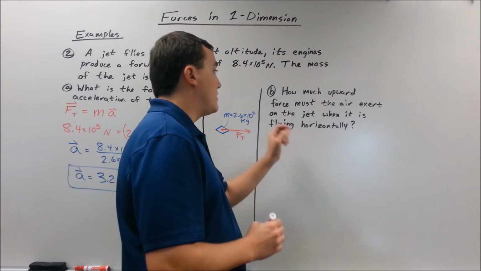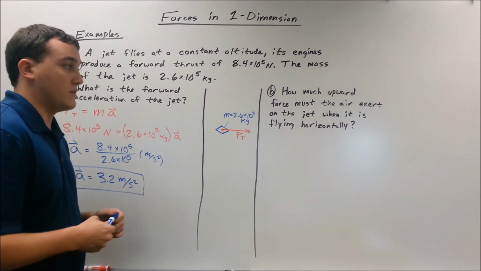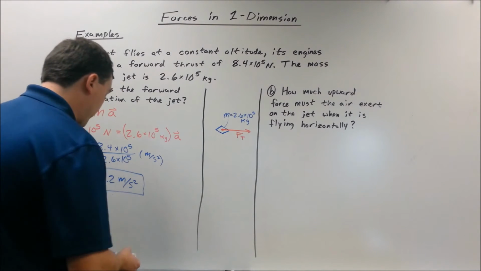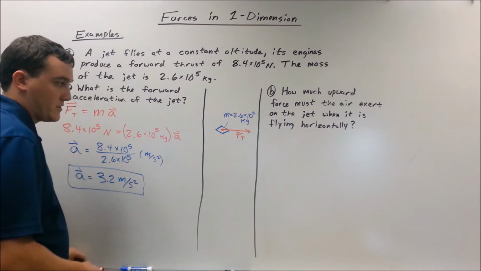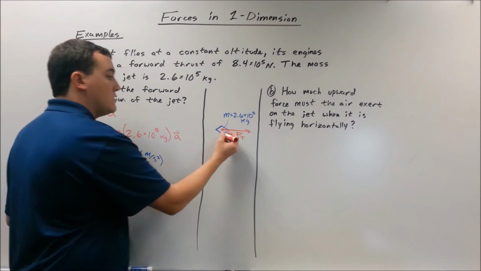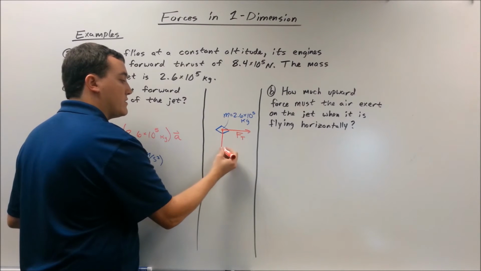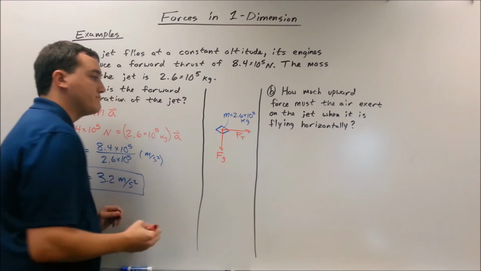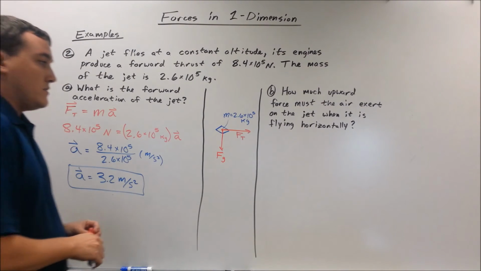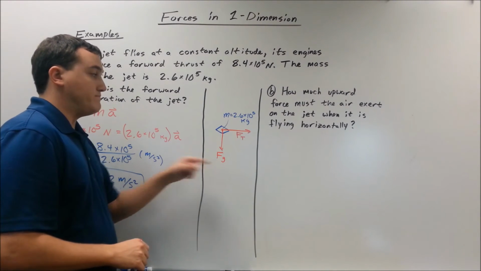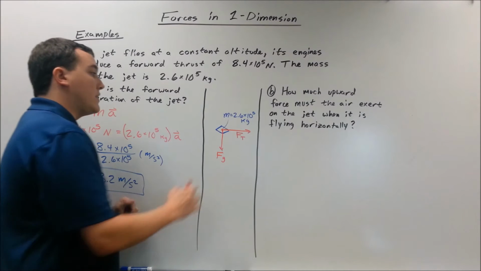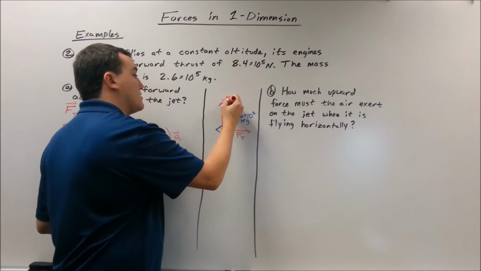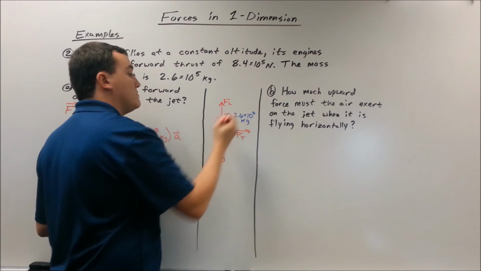Okay. How much upward force must the air exert on the jet when it is flying horizontally? Okay. So let's think about this. We know force pulling down on this thing is due to gravity, and we can figure that out. And the force we're trying to find is the force of lift.